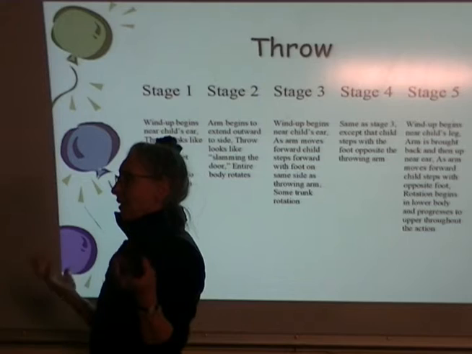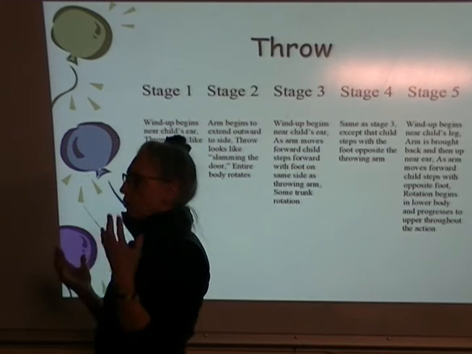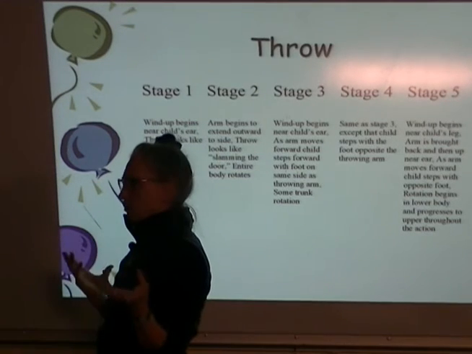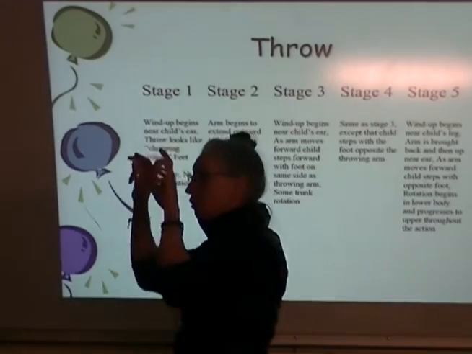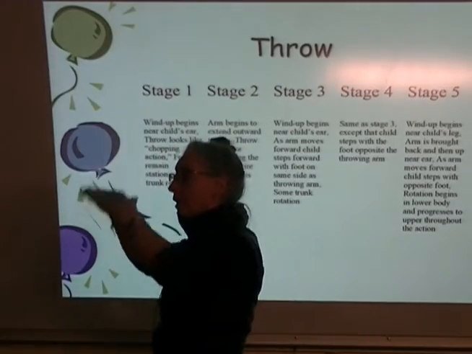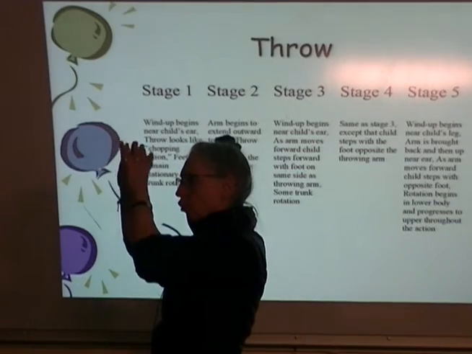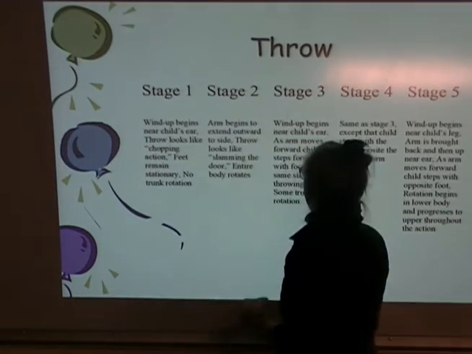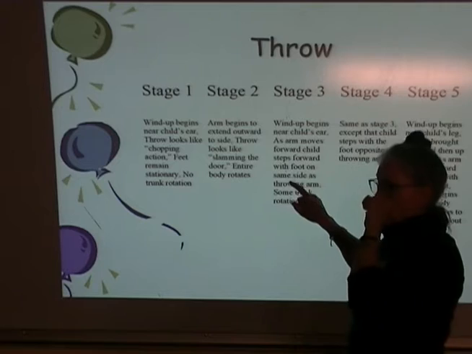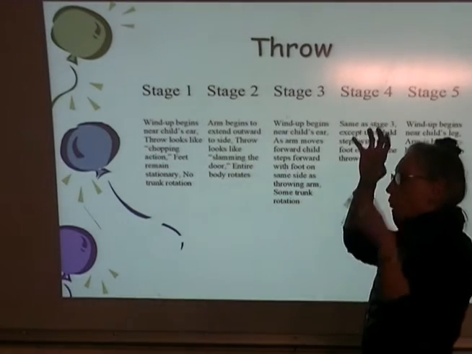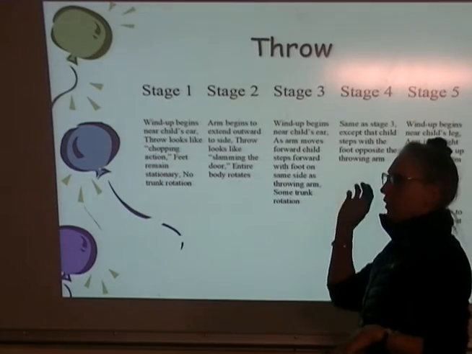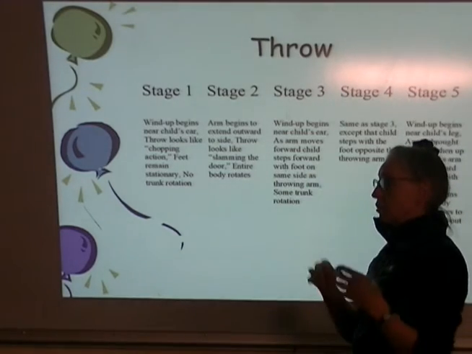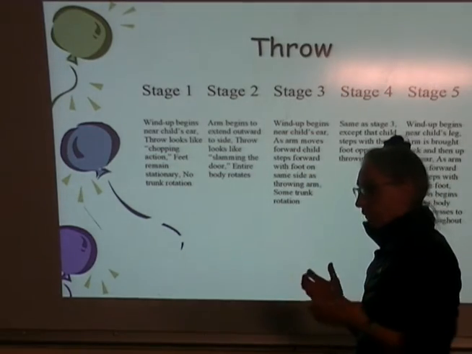They do handstands in the back garden. They do handstands and cartwheels and climb trees instead, right? All those kinds of constraints, right? Everything ties back to our triangle. So stage 3 is interesting in throwing because you really get stuck there if it's not a skill that you practice and you're motivated to use. Okay?